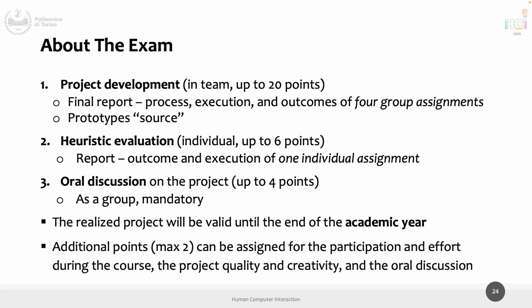So about the exam, as you remember, these are from the introductory slide, so it's nothing new. There are 3 parts. One is already done, the heuristic evaluation. It was individual, up to 6 points, and whatever you did and delivered is done, cannot be changed anymore.